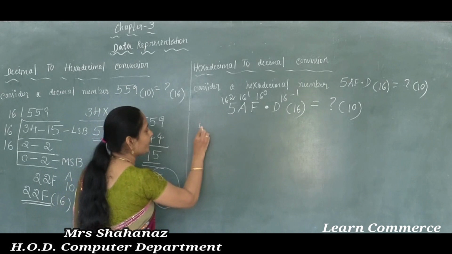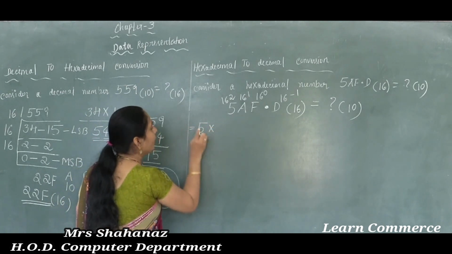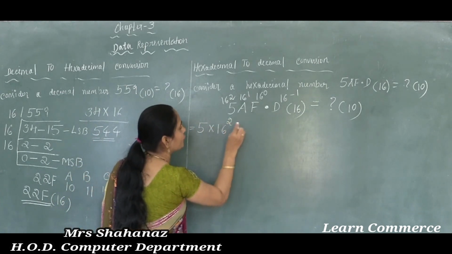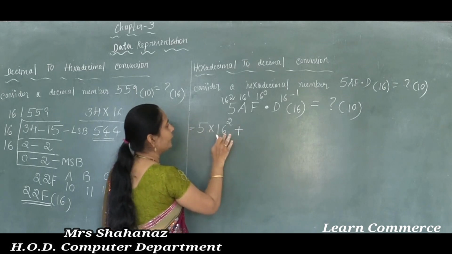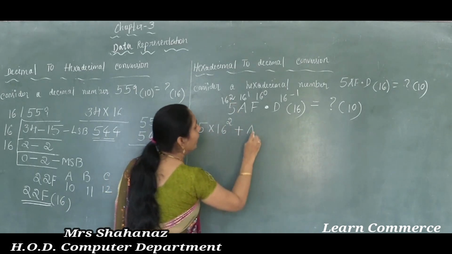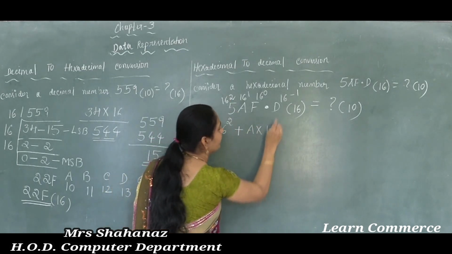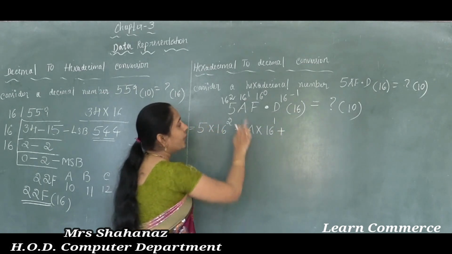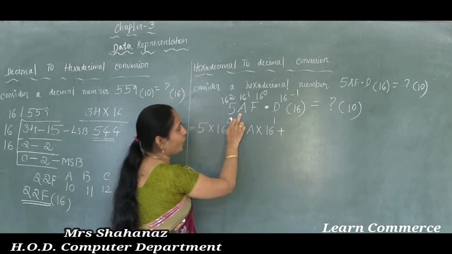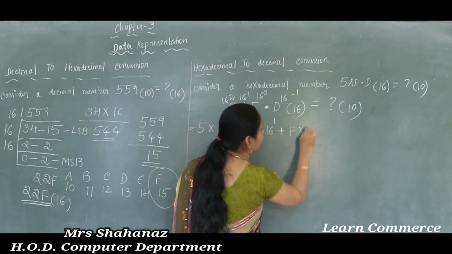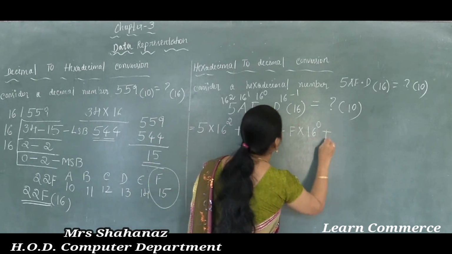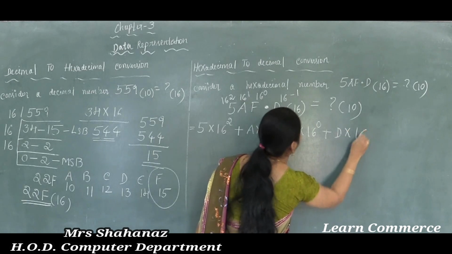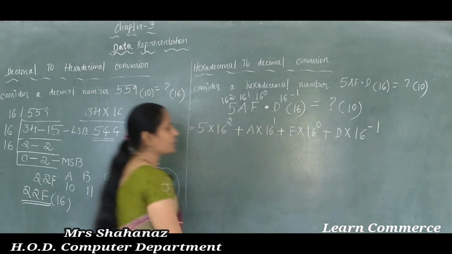So 5 into 16 to the power of 2, plus A into 16 to the power of 1, F into 16 to the power of 0, and D into 16 to the power of minus 1. Clear this one here?